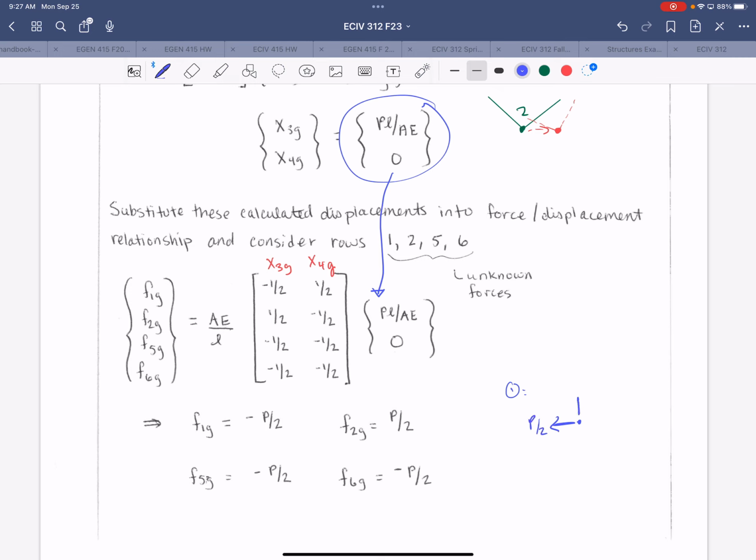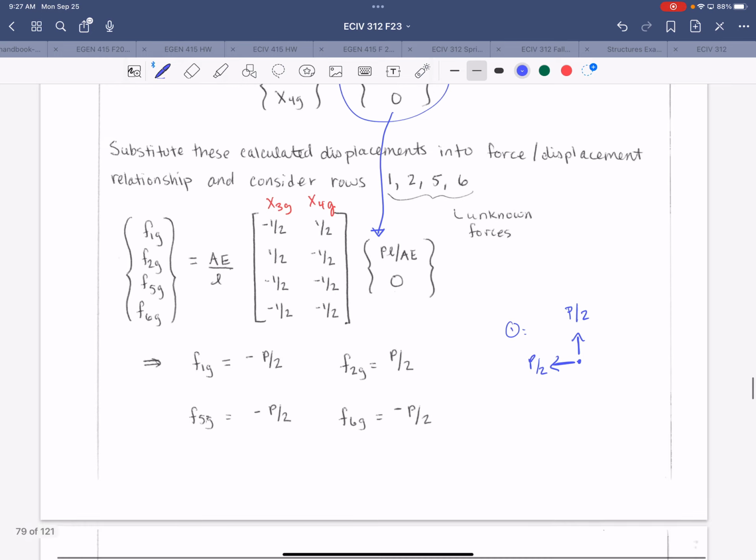F2g was the vertical, that's the positive direction, magnitude P over 2. And then at node 3, we had also negative direction horizontally, magnitude P over 2, and then negative direction vertically, magnitude P over 2.